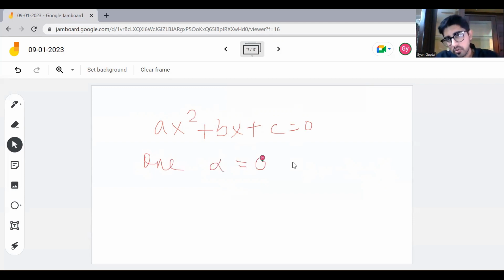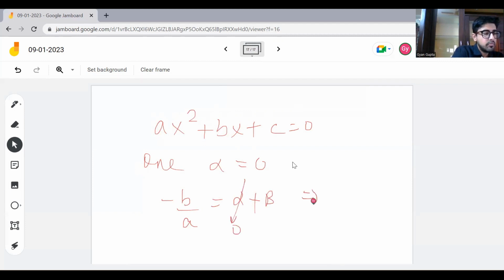What is the other root? It's a very simple one marker question. Since we know that the sum of the roots is minus b by a, which is equal to alpha plus beta, and it is given that alpha is 0, that will give me beta is minus b by a.